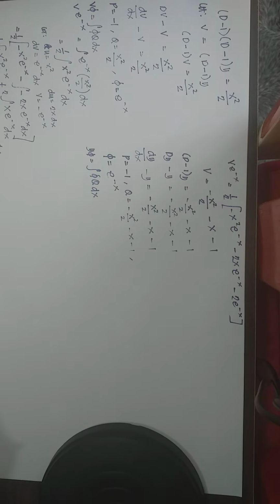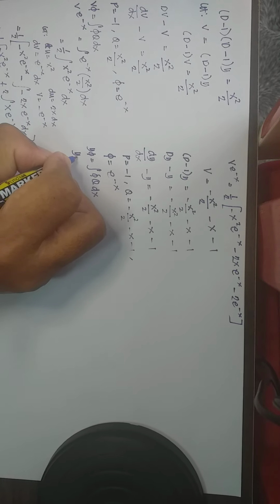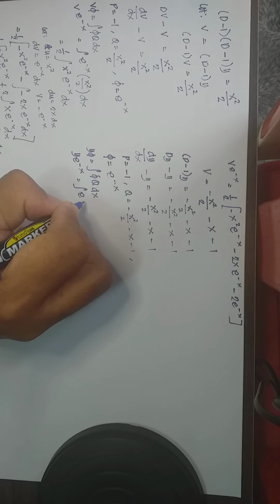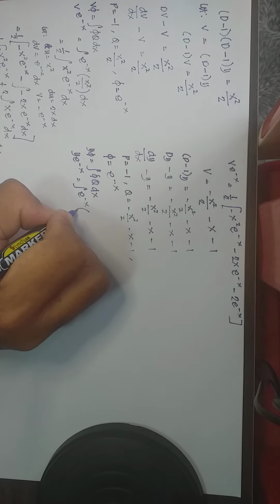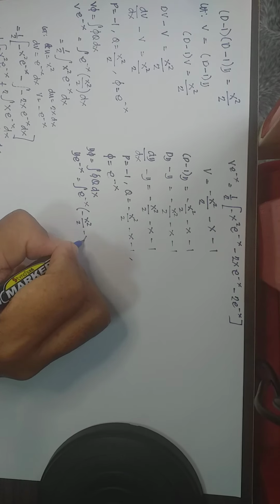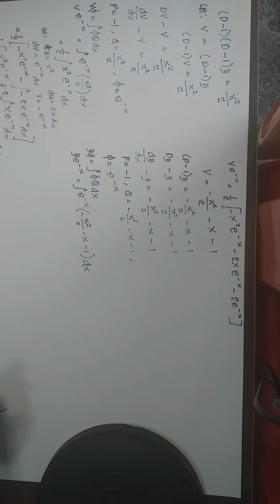Again, the arbitrary constant c is omitted. So we have y e to the negative x is equal to the integral of e to the negative x q, negative x squared over 2 minus x minus 1 dx.